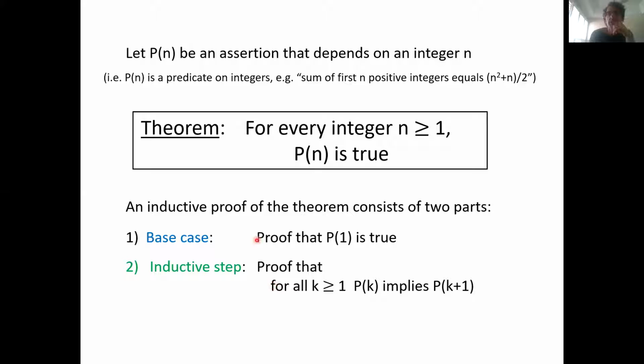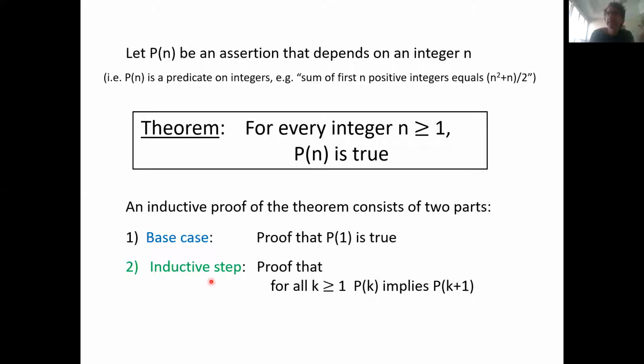The first is that you prove directly that the predicate is true about the first integer in the range. The claim is that the predicate holds in the range that starts at 1 and goes to infinity, so the base case is proving it directly about the integer that is the beginning of your series. In this case, it's 1.